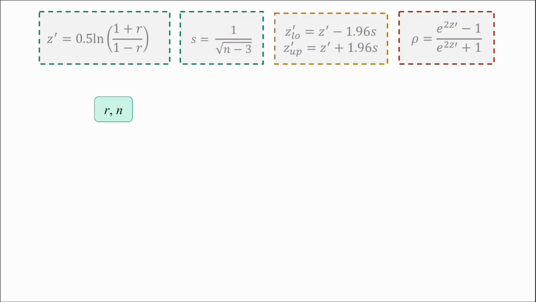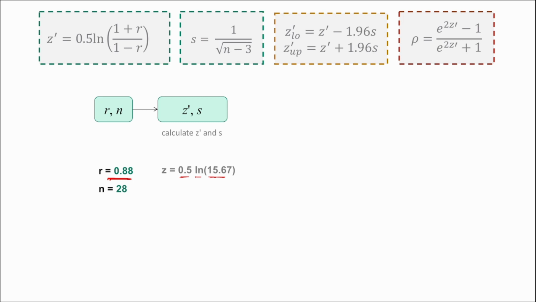Okay, so let me show you an example. Let's say we have a sample of size 98. So 98 individuals, two variables, and the correlation between the two variables for our sample is 0.88. We would like to find out how big this correlation can be for the whole population. Well, first of all, we need to compute z prime and the standard deviation, right? So z prime is a half of the natural logarithm of 15.67.